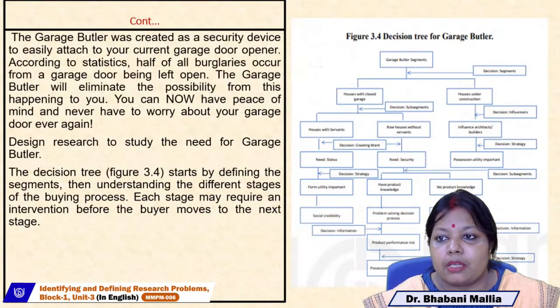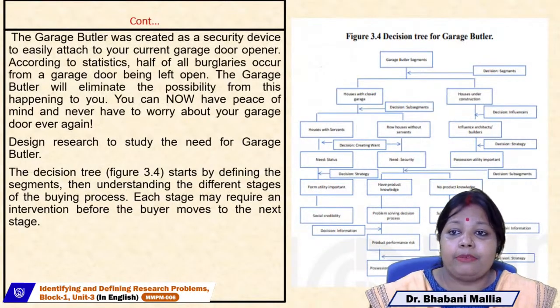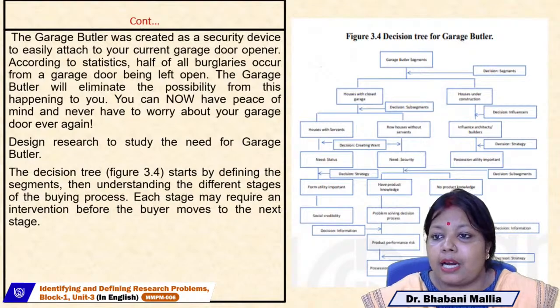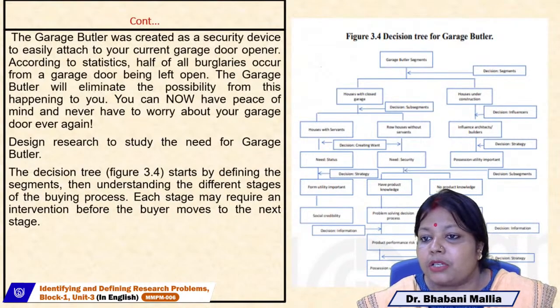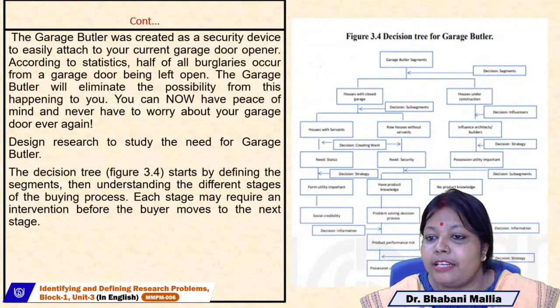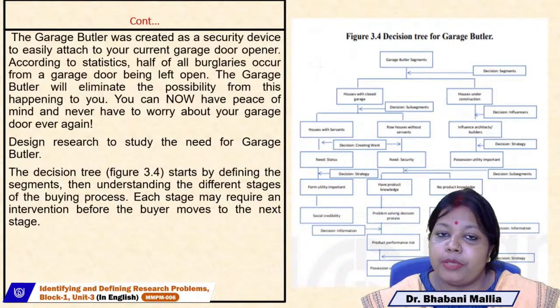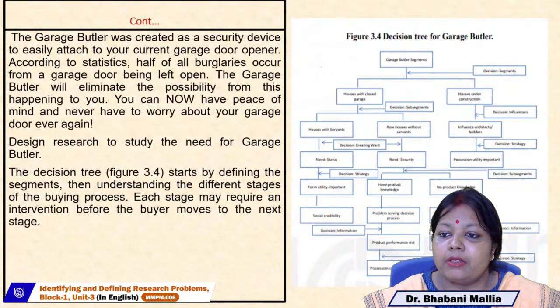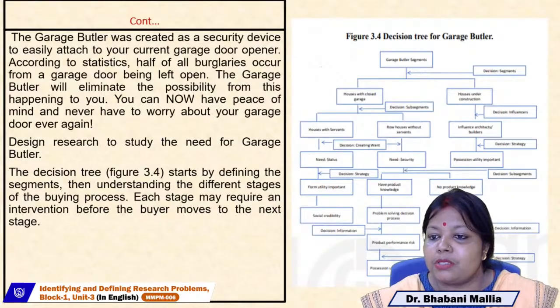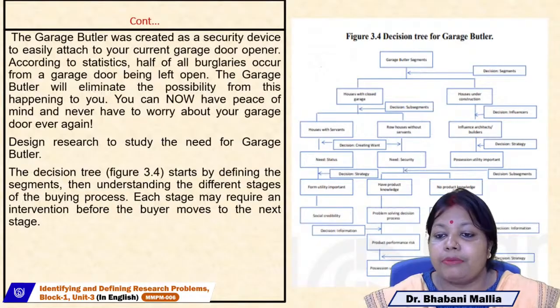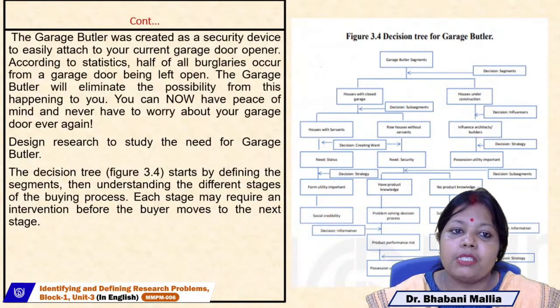Coming to the right side of the flowchart, the house under construction companies, so we can say influence architects or builders. If it is there, then I will definitely go for a builder or architect to design this in my garage. Then, utility importance: I will go for knowing what the utility is, how to handle and manage it, the knowledge about that product.